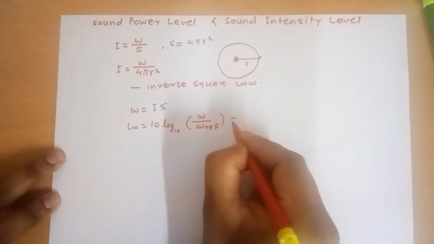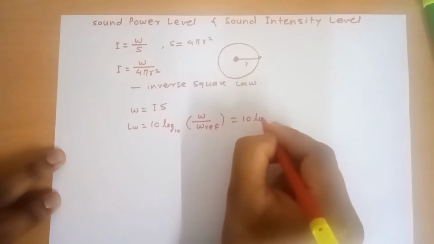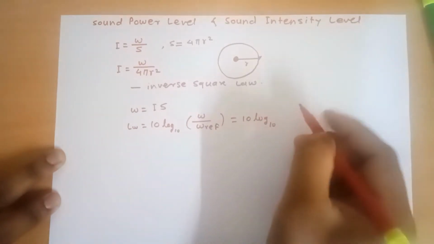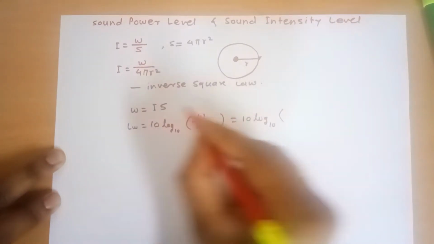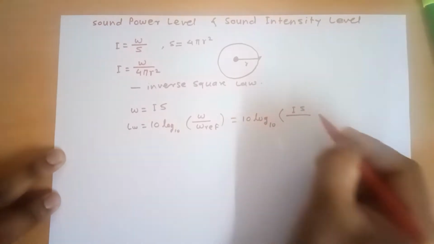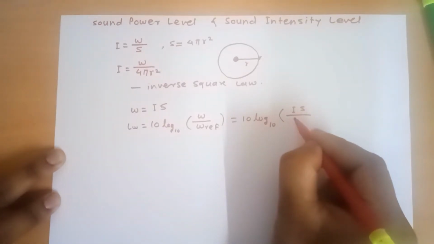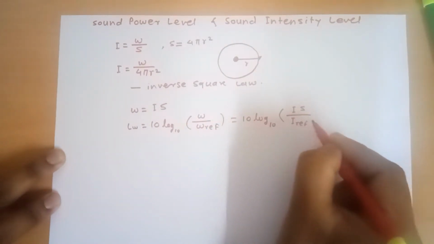So we put this value here: 10 log to the base 10, this W, that is power, is equal to intensity of sound into area, to the reference intensity of sound into the reference area.